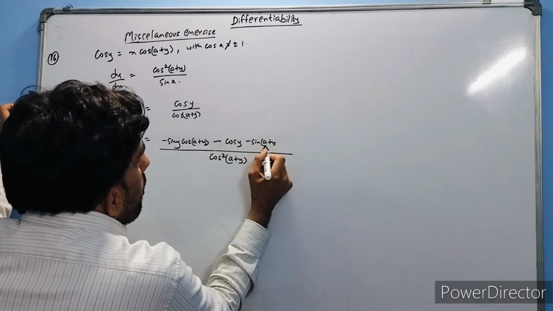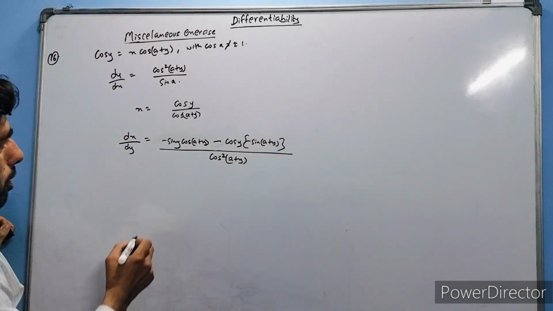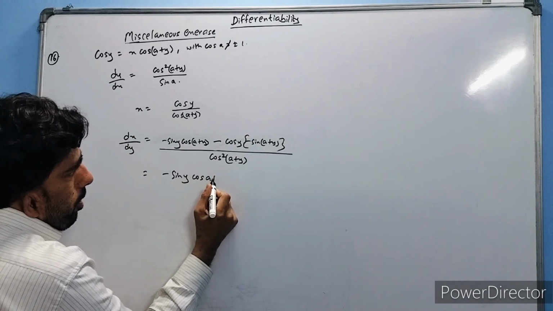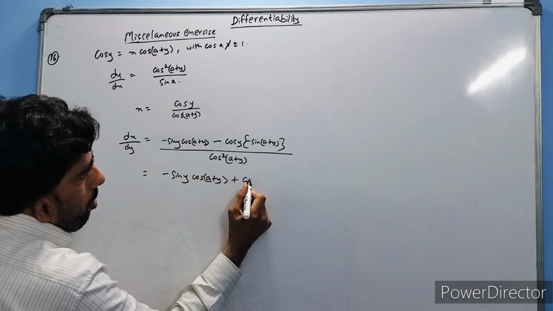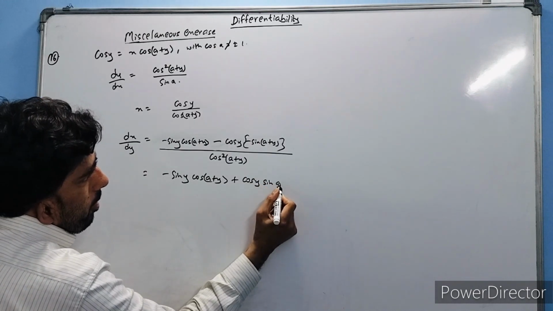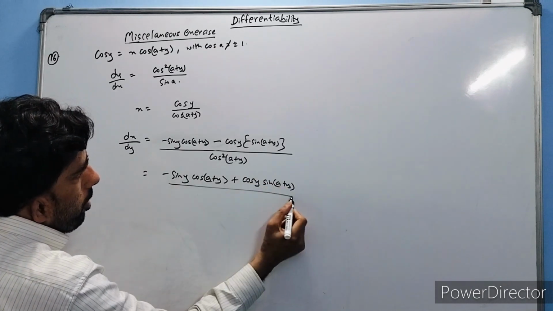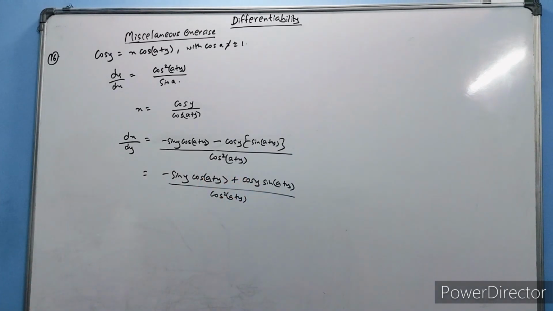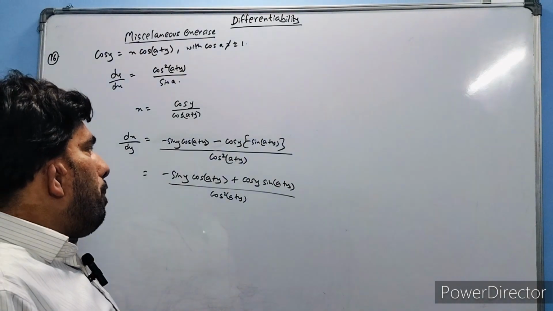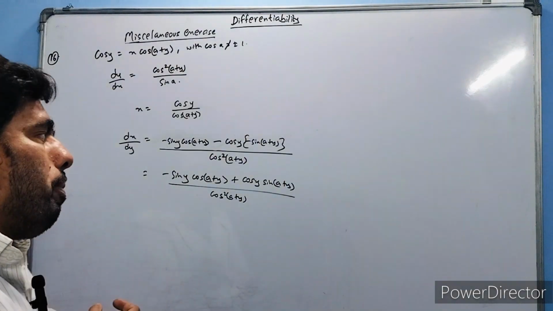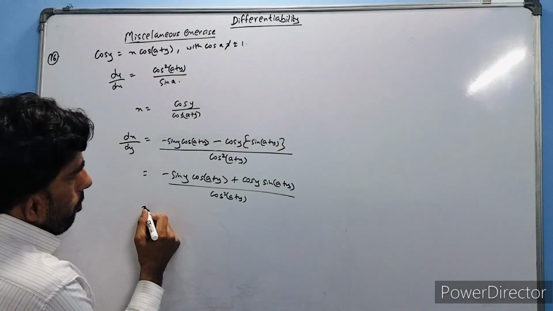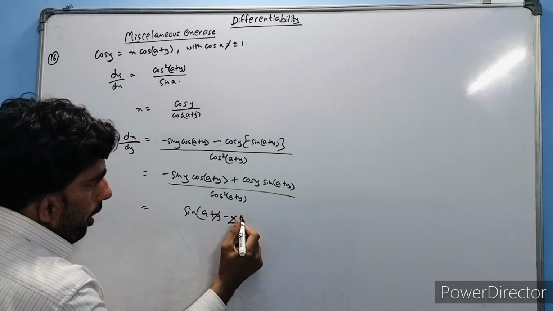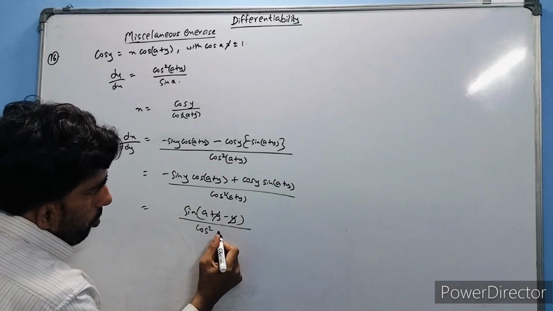So now I can write this as minus sine y cos(a plus y) plus cos y sine(a plus y), upon cos square(a plus y). Now we know the formula here: sin x cos y minus cos x sin y will be sin(x minus y). So we will write sin a upon cos square(a plus y).